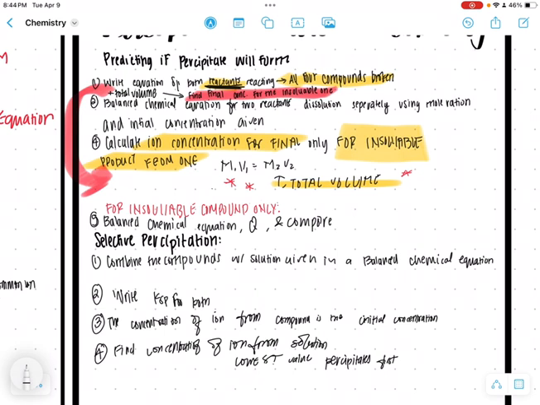This will give you the final concentration for the insoluble parts of the equation. Then once you have the insoluble compounds, you would put them in a balanced chemical equation, find how much of each is there, plug it into Q, and then once you have the Q value, compare it with the given Ksp, or the solubility product constant.